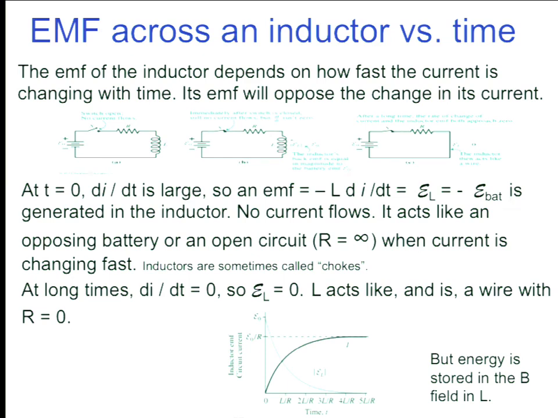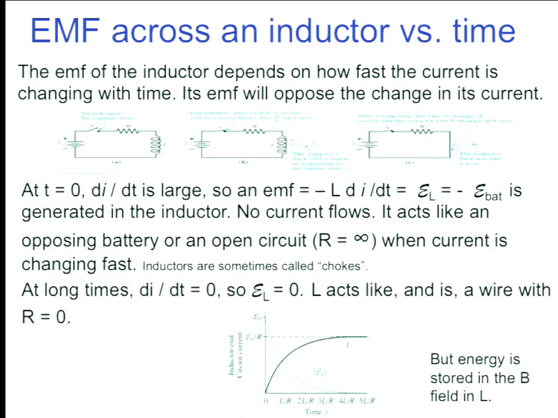Now, what is a capacitor fundamentally? It's an open circuit. It's a gap with a couple of plates attached. And what is an inductor? It's a wire rolled in a spool. So it's basically a wire with R equals 0. And this is basically an open space with infinite resistance, fundamentally.